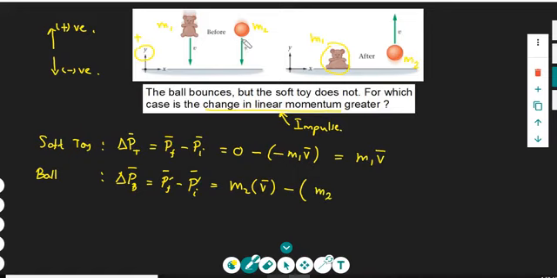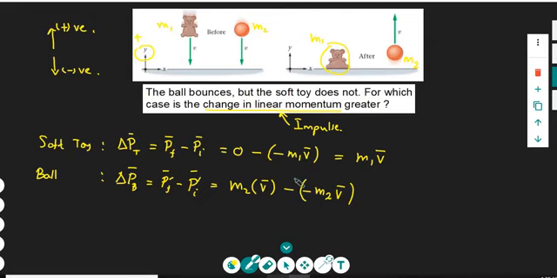Now let's look at here. Initially the soft toy and the ball are both moving in the downward direction, so it's our negative direction. I need to put a negative sign, and then I'll put v.